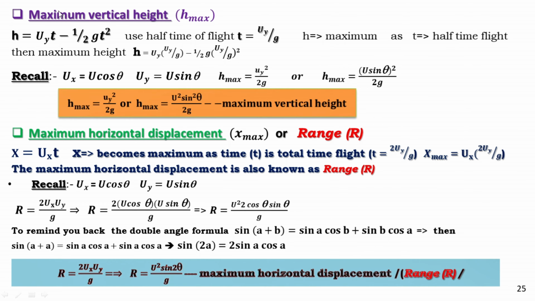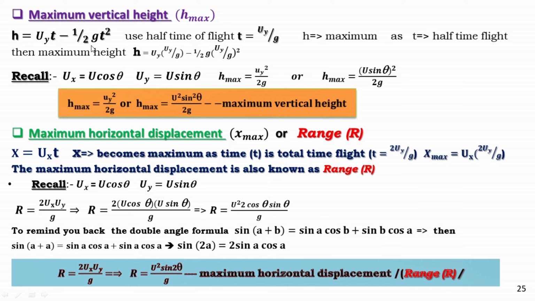And now how do we determine the maximum vertical height, h maximum, and the maximum horizontal displacement, which we call the range? How can we find these? For the maximum vertical height, we use the equation y or h equals Uy t minus half g t squared. This is the vertical height at any moment.